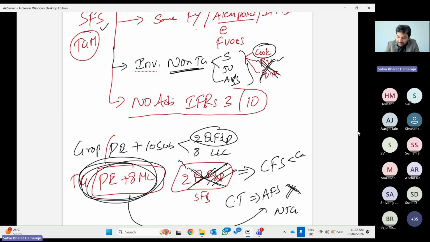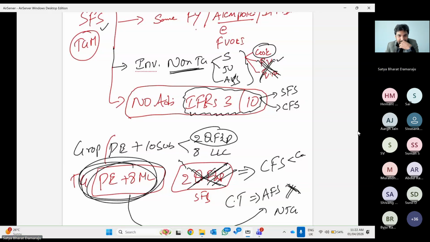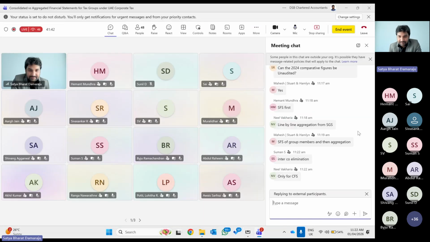No adjustment should take place in standalone financials. Question: what are all the adjustments advised in IFRS 3 and IFRS 10? Do we use these standards for CFS, consolidated financial statements, or standalone financial statements? Should we consider them while preparing SFS or CFS?